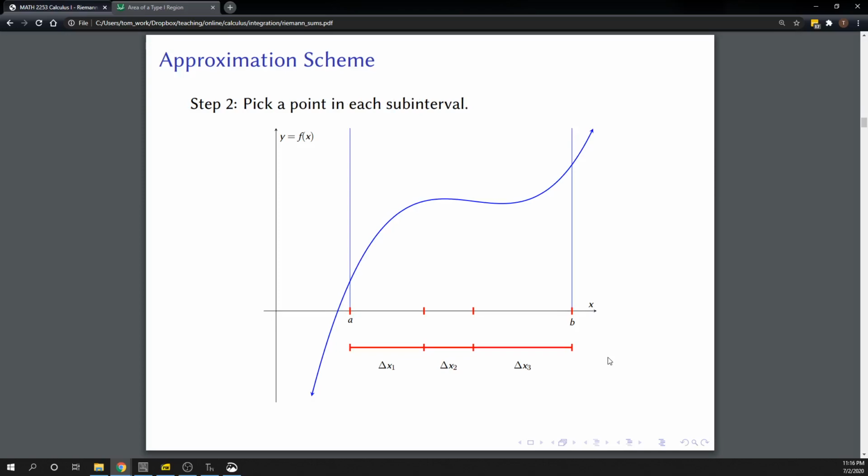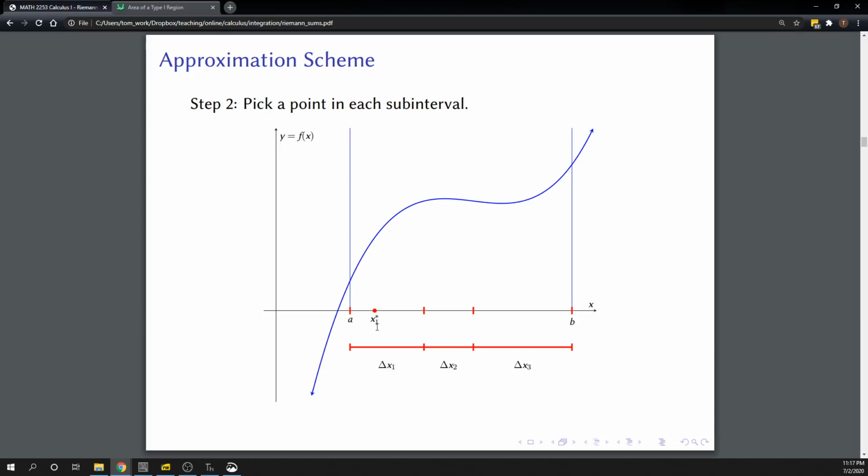The next step is to pick a point in each subinterval. You go to the first subinterval and pick a point inside there. I'm going to pick this point right here, and I need to write down where that point is located. If it were at 2 on the number line, I would write down a 2. I'm not going to specify what this is because we need a formula to do that, so I am going to write x1 star there.